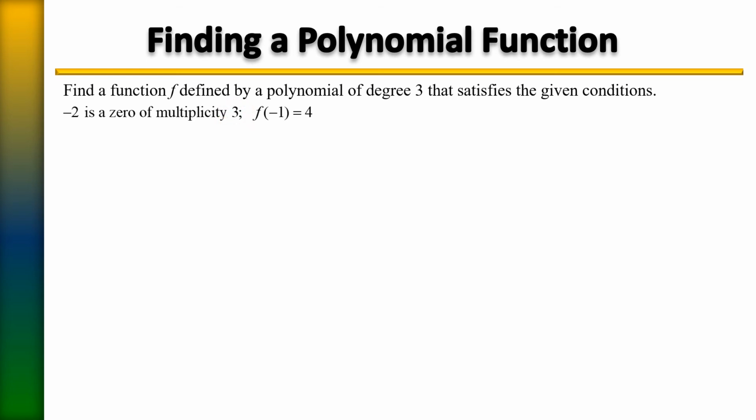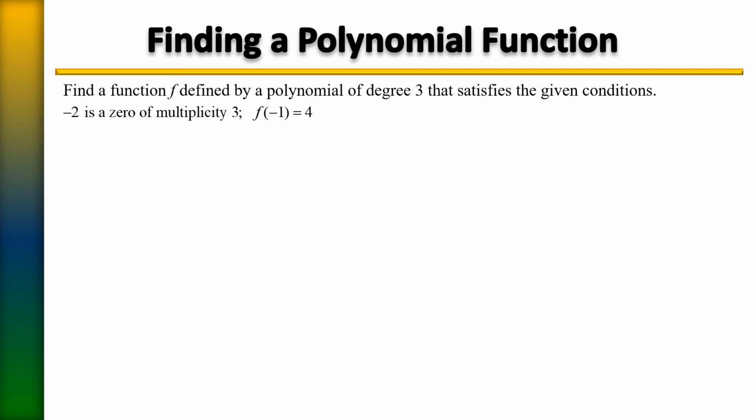So in other words, if you were to write it as linear factorization, we know we do the opposite here because this is -2. So when we write it as x minus k, it's going to wind up being x plus 2. So if we write it in linear factorization form, it would be x plus 2 times x plus 2 times x plus 2. 3 times, 3 of those.